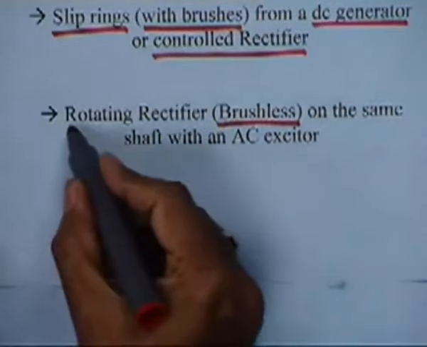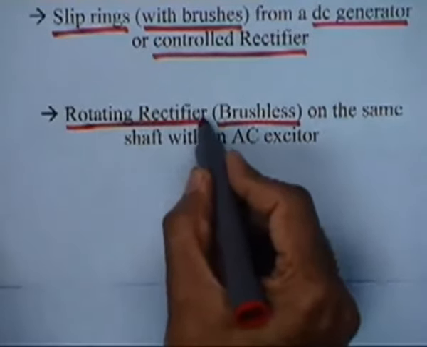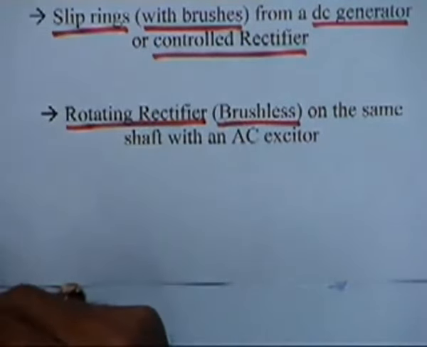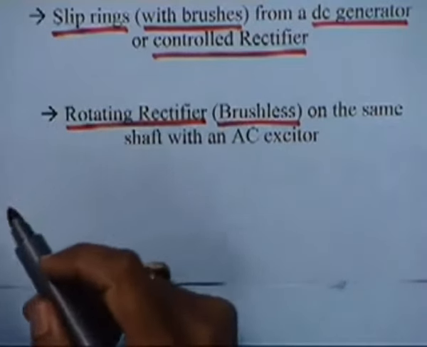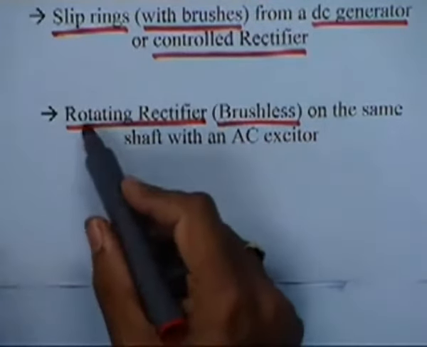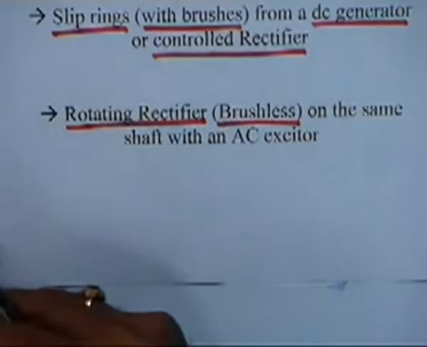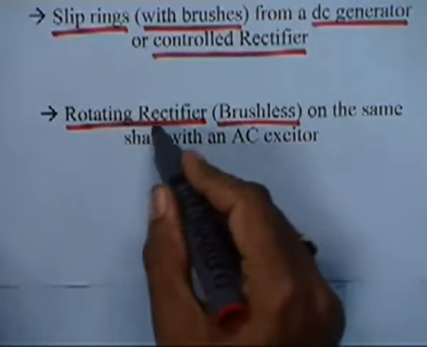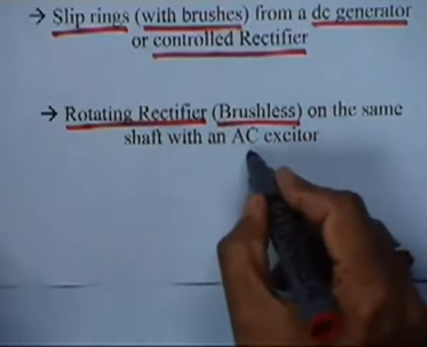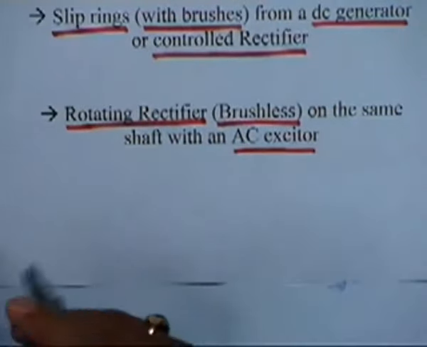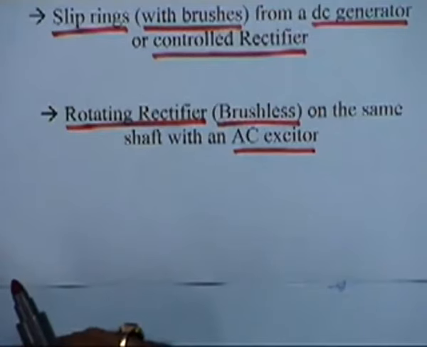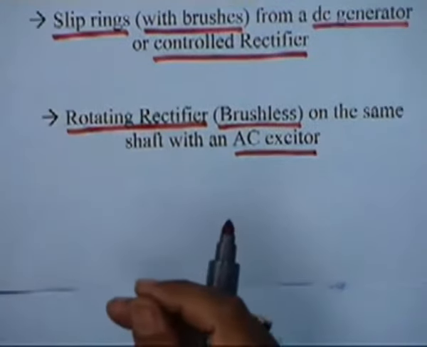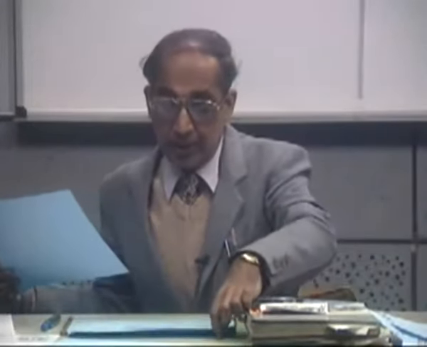This is done through so-called rotating rectifiers. These rotating rectifiers are diodes with AC on the input side and DC on the output side, and the input AC is given by a so-called AC exciter. Okay, so this is a new type, presently used: the so-called brushless generators.